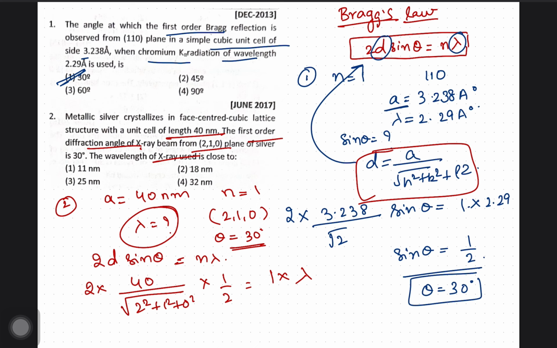Now see, the unit of this is nanometer, so whatever answer you get, lambda will be in nanometer. Now solving this is 40 upon root 5, right? So the answer will come approximately 18 nanometer. This you can solve.